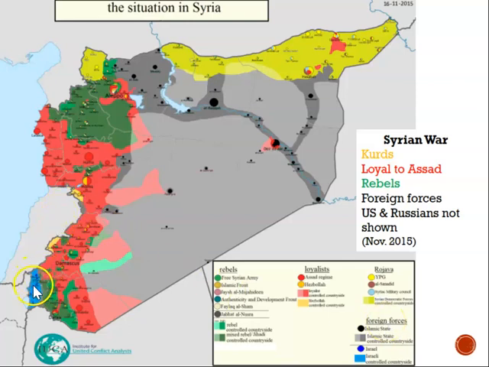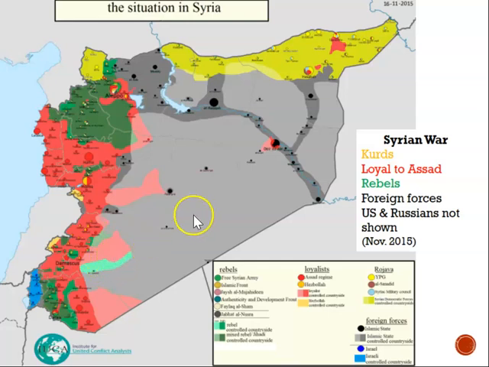Israel has had control of the Golan Heights down here in this blue for many years now, since the 1970s. I don't see them turning that over anytime soon. And in fact, they have had some influence in the areas just surrounding the Golan Heights to try to keep this conflict out of Israel.